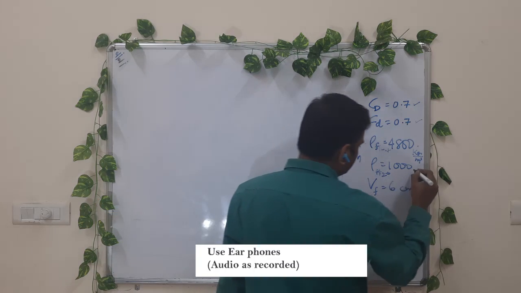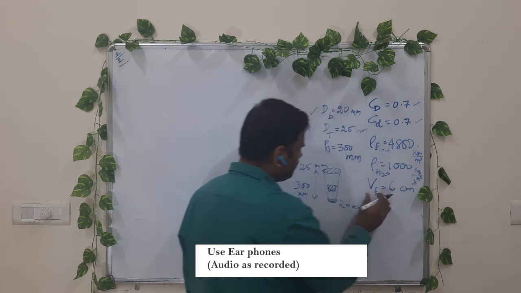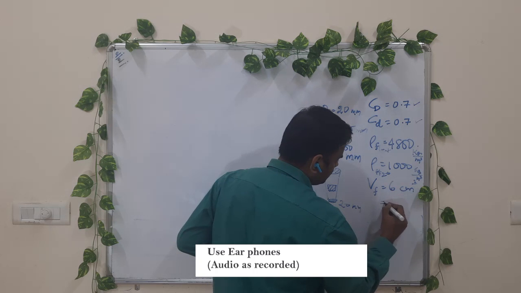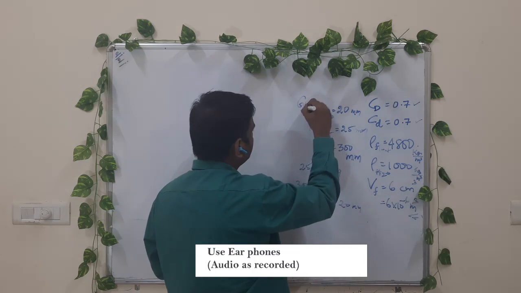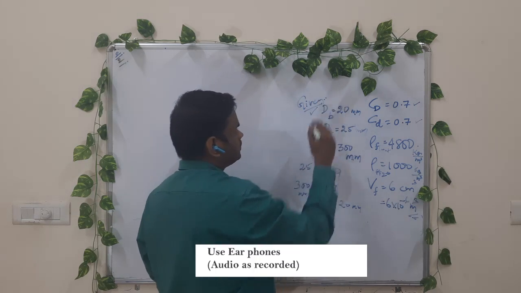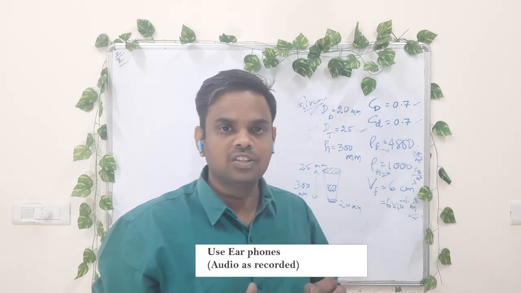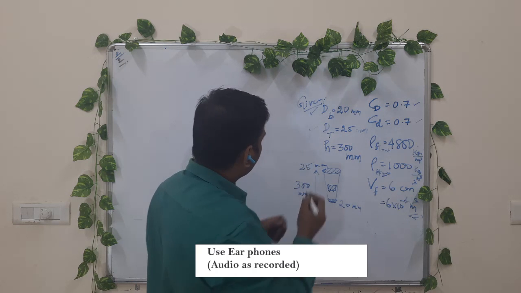And the volume occupied by the float is given as 6 centimeter cube, so 6 into 10 to the minus 6 meter cube. These are the given data. Now the question is, what is the mass flow rate when the float is at its half weight? What will be the mass flow rate, m dot?